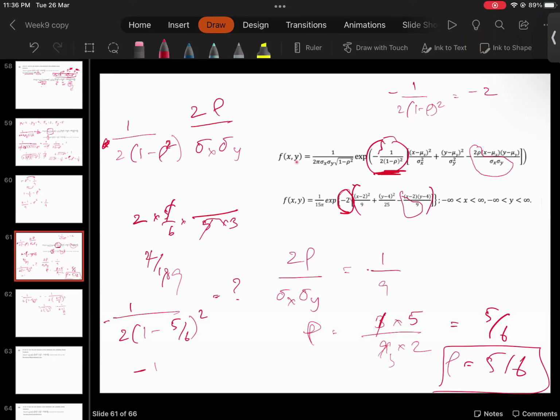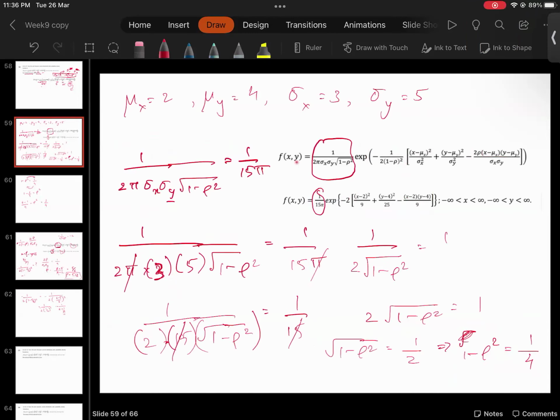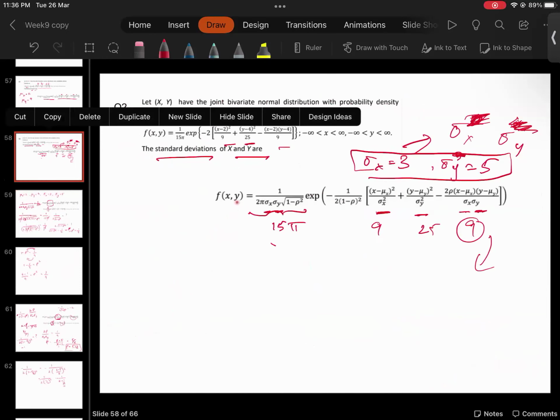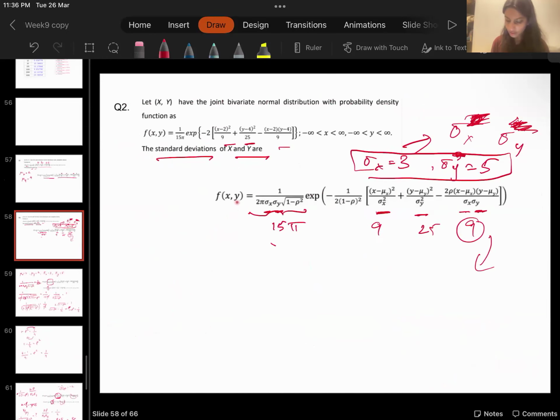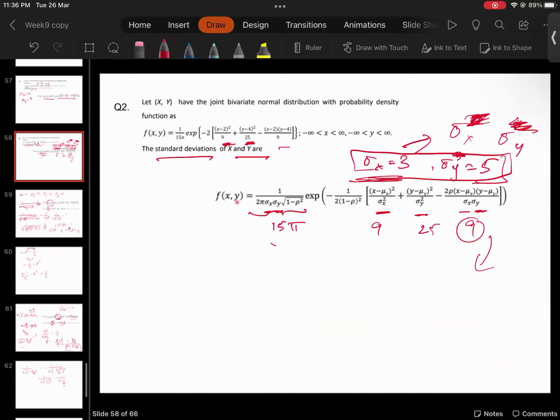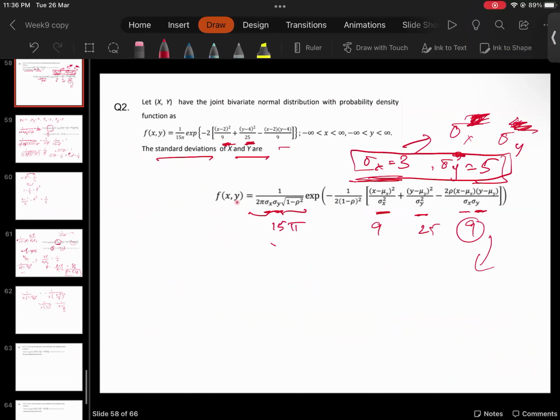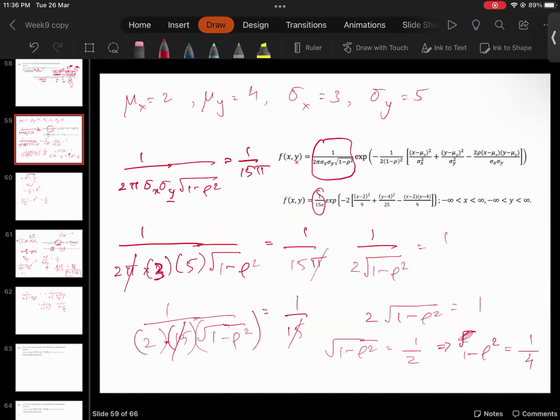Ma'am, I have just watched the other TA's lecture for this question, and the standard deviation is computed wrong here. The standard deviations are not 3 and 5. How do we calculate the standard deviation in such situations, if the terminology isn't given directly?